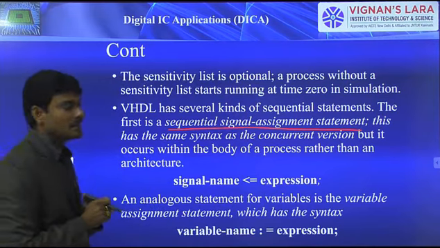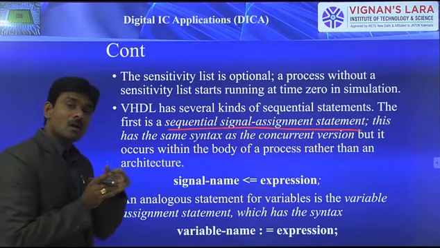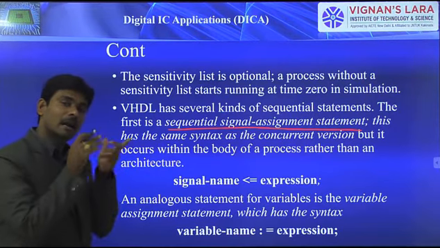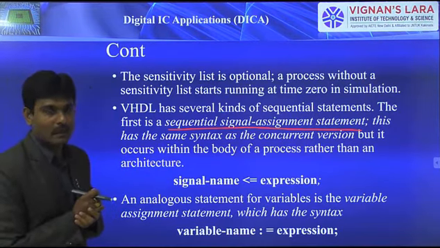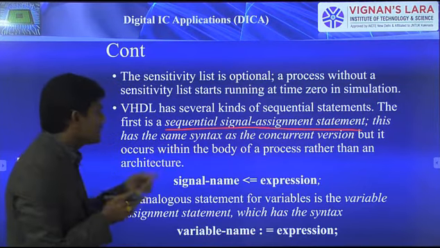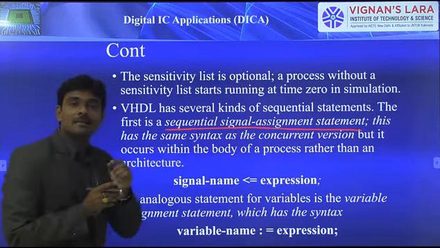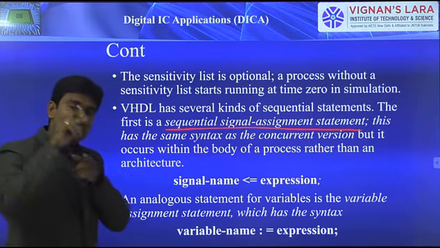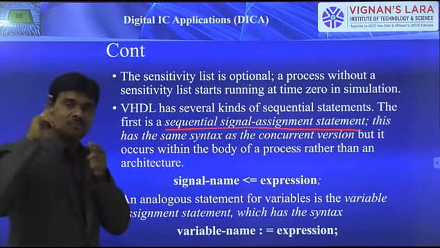The syntax seems to be the same as the concurrent signal assignment statement which we learned in the data flow description style. So the first type of sequential statement is the sequential signal assignment statement, but the syntax is the same as the concurrent signal assignment statement which we already studied.